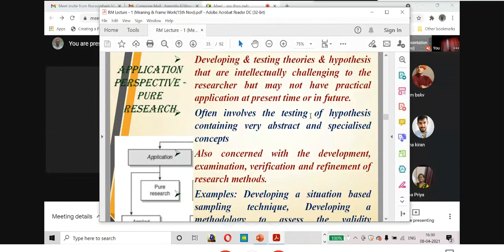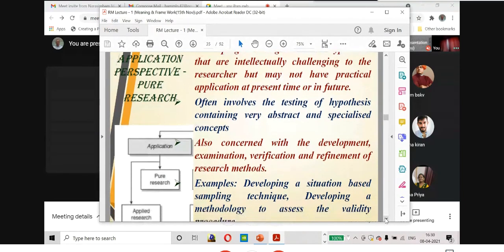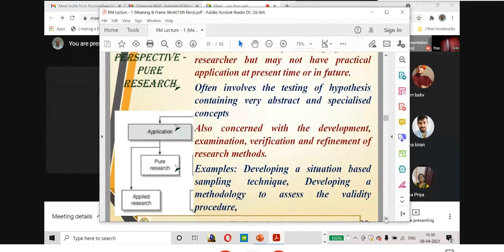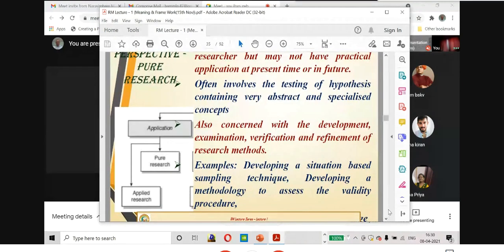It often involves the testing of hypotheses containing very abstract and specialized concepts. It is also concerned with the development, examination, verification, and refinement of research methods. You see, the examples are developing a situation-based sampling technique or developing a methodology to assess the validity of procedures.